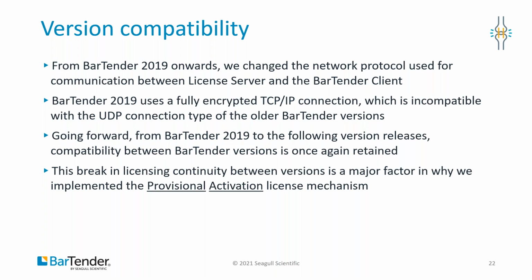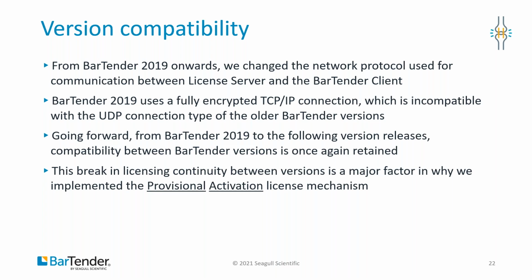So although we had that break in compatibility between 2016 and older and 2019 and newer, going forward from 2019 and following versions and releases of BarTender, you'll find that compatibility is once again retained.